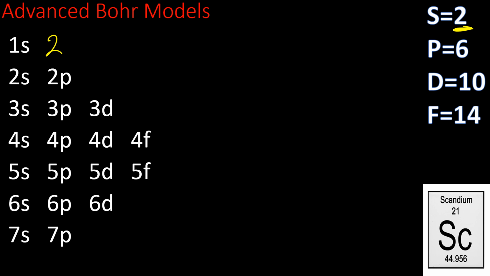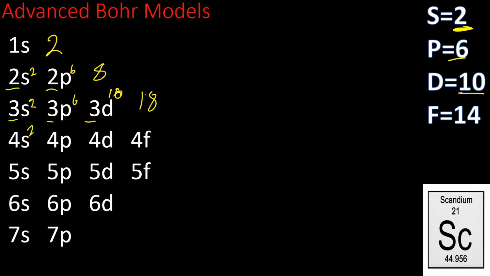Then in the second shell, we have an s orbital and a p orbital. So 2 here, 6 for the p, 8. We can keep following this pattern. Here's our third shell: 2, 6, and then we have a d orbital, which is 10, 18.